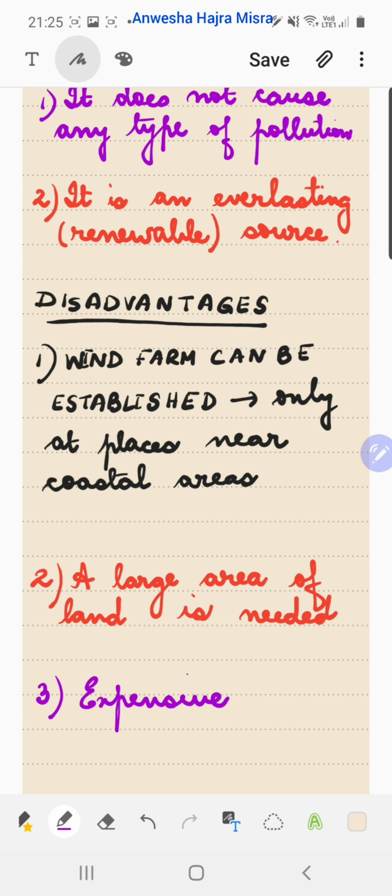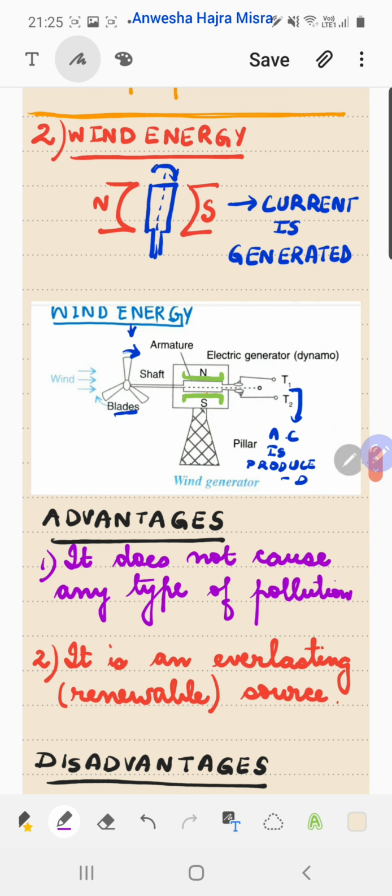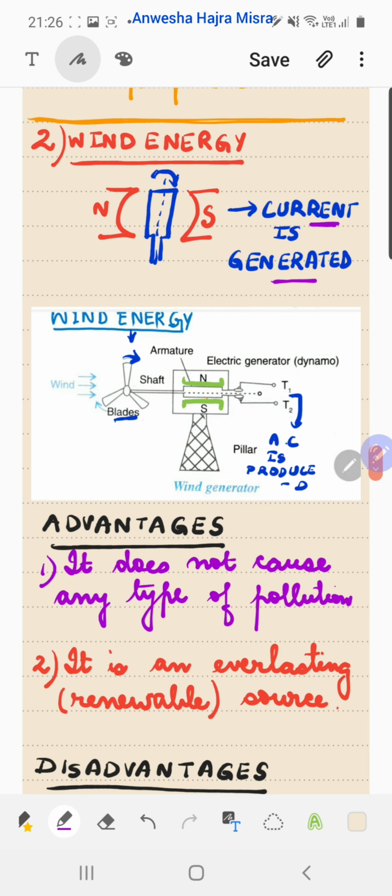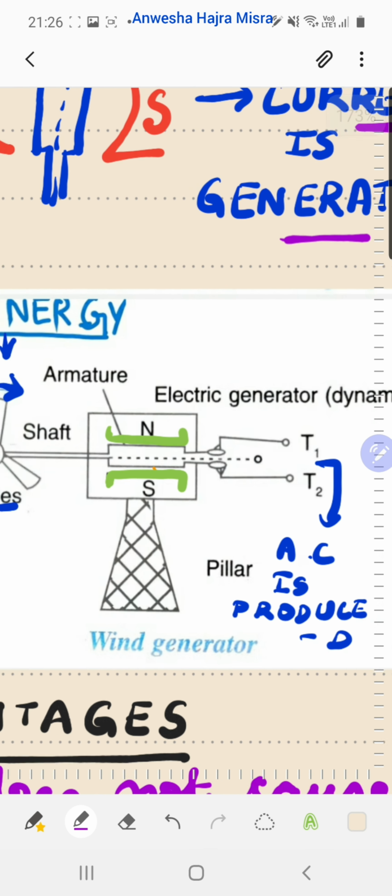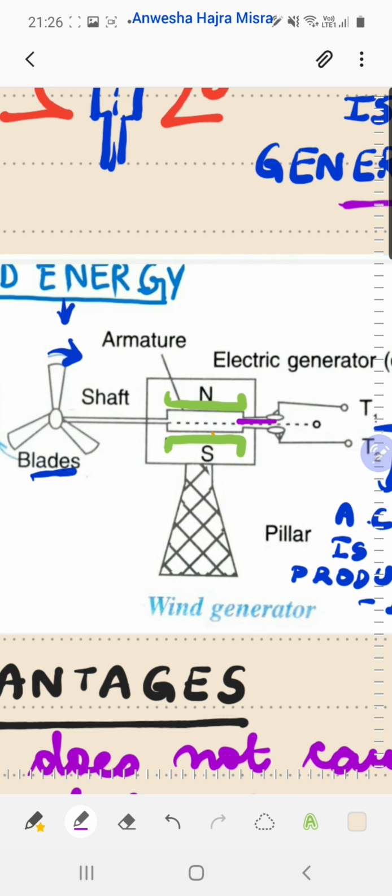So, from the beginning, if we go to the wind energy, which was point number 2, whenever you have a coil rotating in a magnetic field, you have current being generated. Now, who is rotating the coil here? Here you can see the North Pole and the South Pole. You can see the magnet, and within the magnet you can see the armature coil.